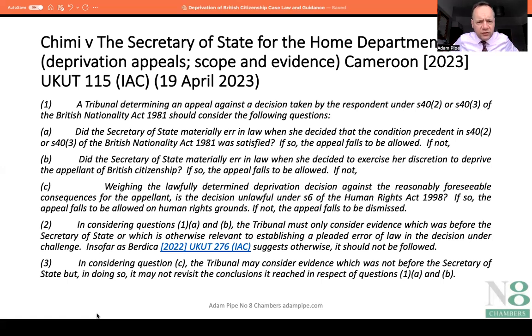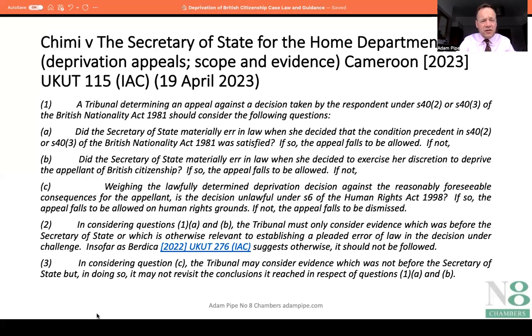And the tribunal determined that the approach should be the same, because questions had been raised following the Supreme Court decision in Shamima Begum, where the Supreme Court said, well, it's not a merits review, it's a public law, a rationality challenge to the condition precedent. Questions had been raised whether the same approach should be taken in a fraud case under 43. Well, the tribunal has held that the same approach should be taken in both.